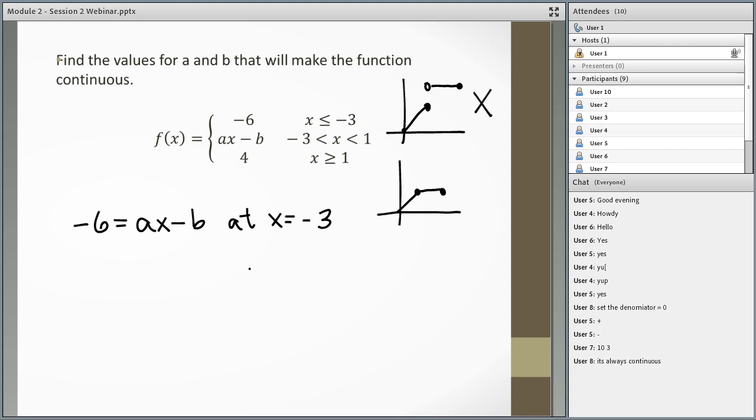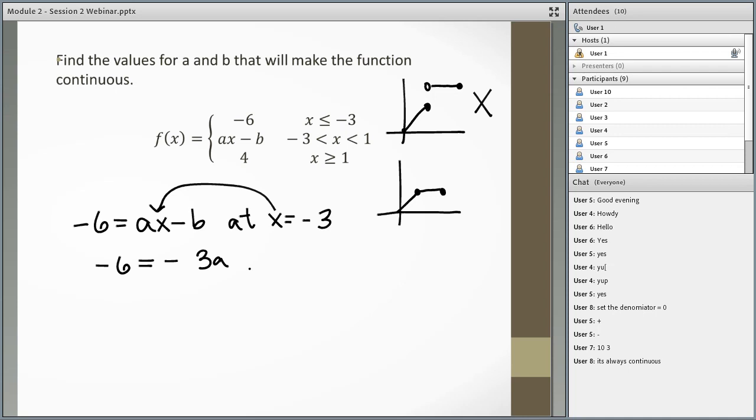So I set them equal just because I want this to be continuous, so I don't want any breaks in the graph. I want them to be continuous, which means at x equals -3, where the first part of the function ends and the second part begins, I want them to be equal. So putting that together, I can plug in x equals -3.